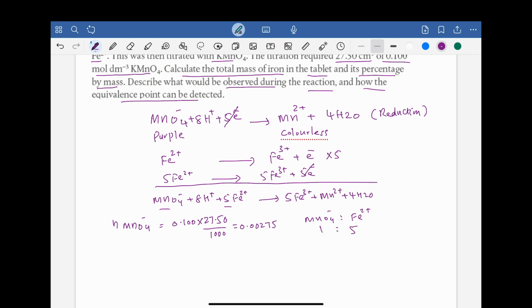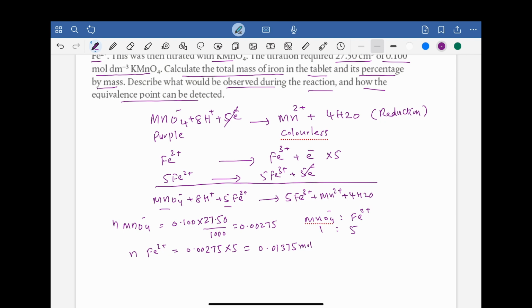So the moles of Fe²⁺ will be 0.00275 times 5. If I solve this, that will give me 0.01375 mole.